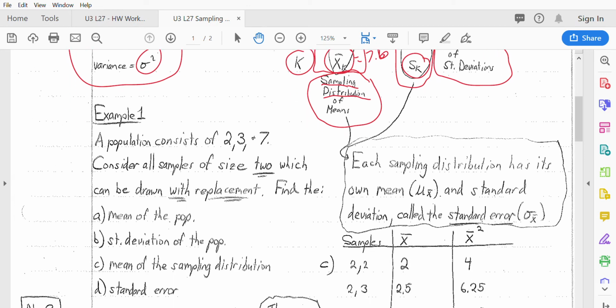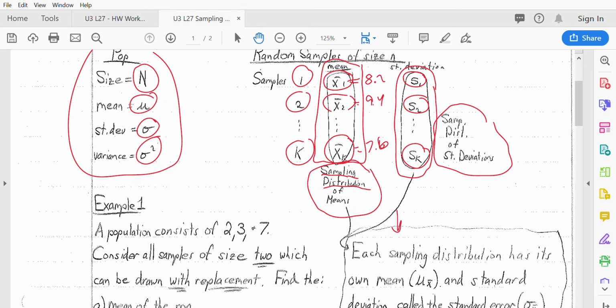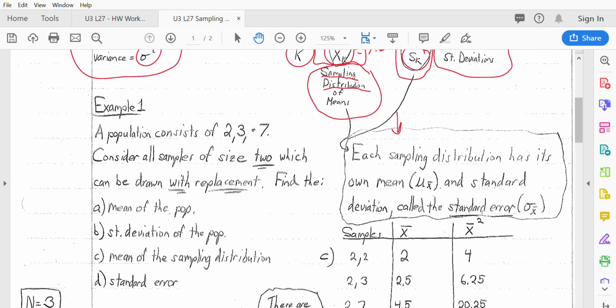Okay, so let's go to this statement right here. Each sampling distribution has its own mean. All right, in other words, if I average the 8.2, the 9.4, the 7.6, I get the mean of the means, and it's not called mu, it's not called x bar, it's actually called mu sub x bar. It's called the mean of the sampling distribution.